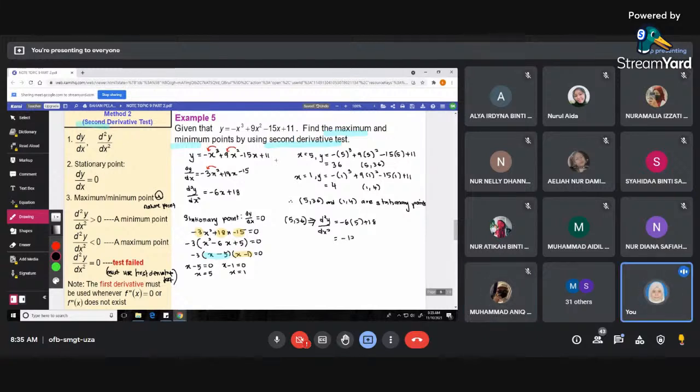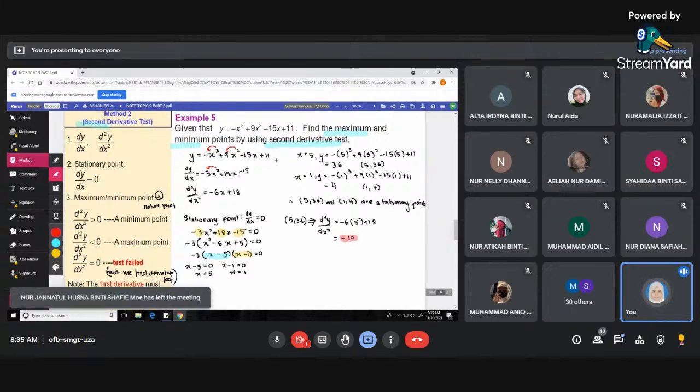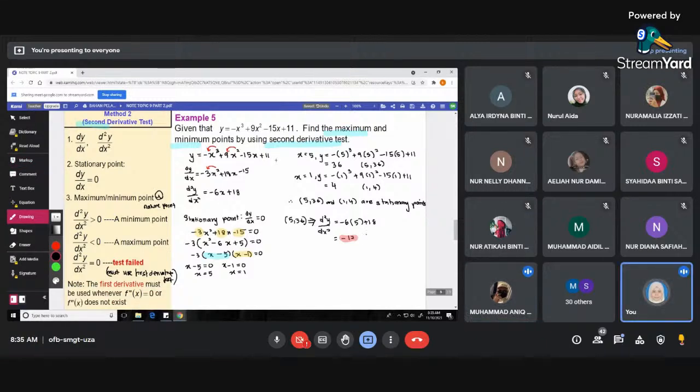Awak tengok daripada nilai ni, negatif 12 ni, dia lebih besar ke, lebih kecil ke atau sama dengan kosong? Lebih kecil. So kita kena tulis lebih kecil daripada kosong. Ya, kita tulis dalam bracket maximum. Maksudnya apa? 5, 36 is a maximum point.